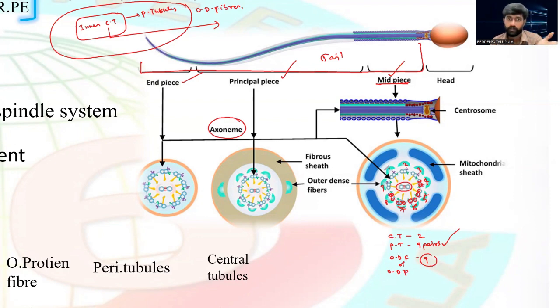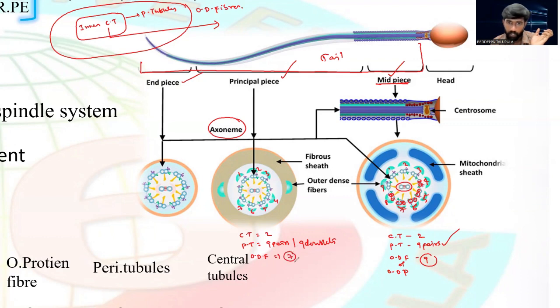When we come to the principal piece and check that, central tubules will be 2 and the peripheral tubules will be 9 pairs. That means 9 doublets. If we talk about the ODF, see, 1, 2, 3, 4, 5, 6, 7.